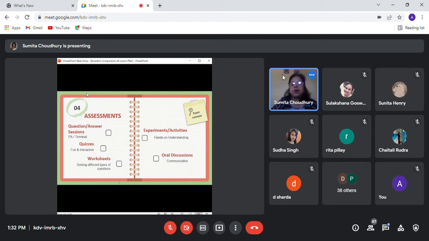There are different forms of assessment that we can use to test the knowledge and understanding of our students.